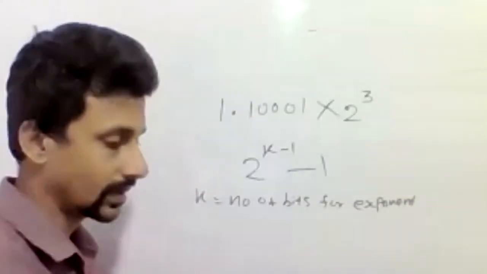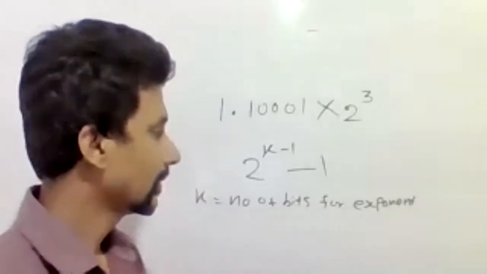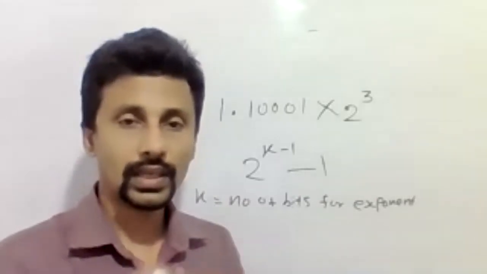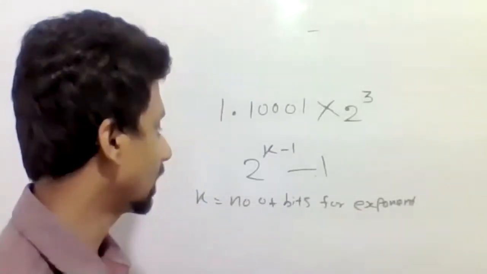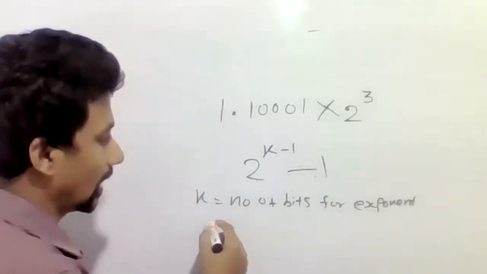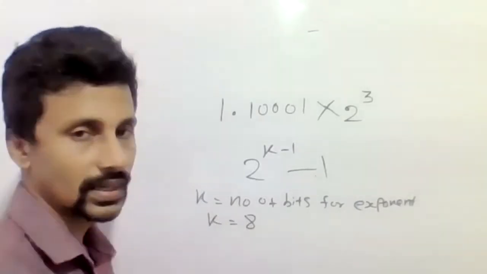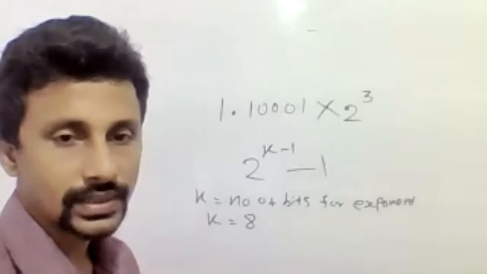There are 3 parts: exponent, mantissa, and sign bit. Don't worry about that. K is the number of bits for the exponent in your 32-bit representation. All the time, K is 8 in the single precision floating point system.